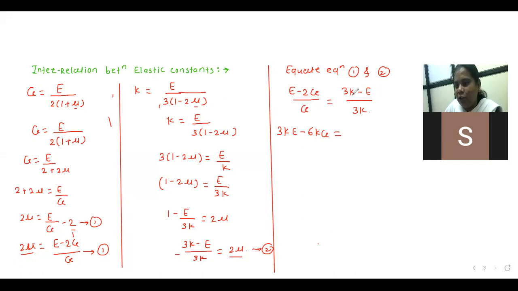So G into 3K is 3KG, then minus G into E is GE. Now we will rearrange the equation, so KG terms on one side and E terms on one side. So now you tell me how to convert this equation. Anyone?